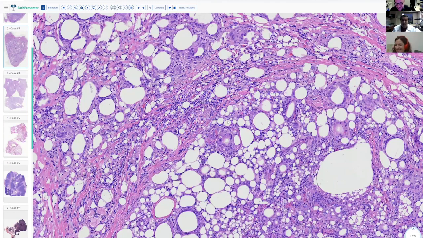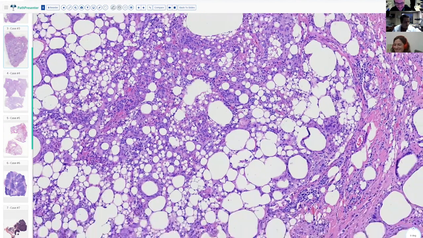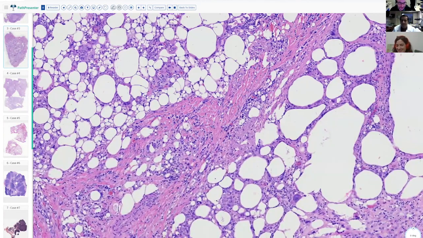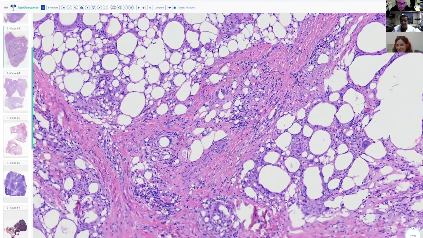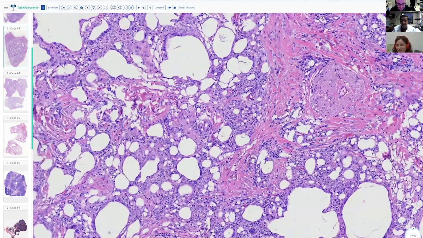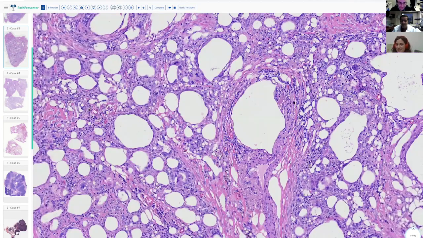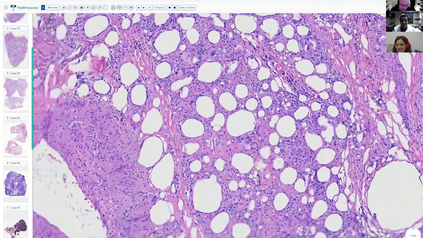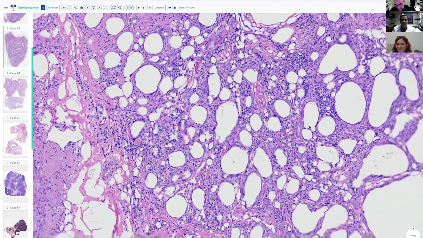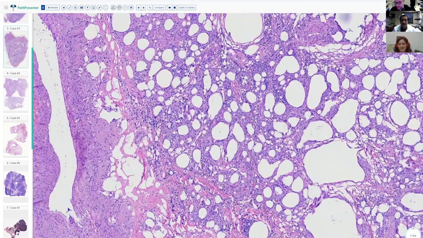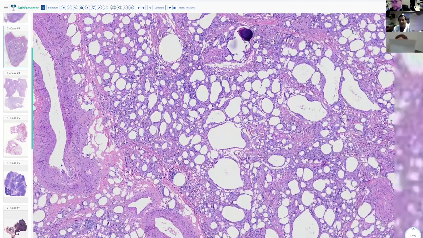So moving around at medium power here, we see all these cells like this, as well as in the interstitium. Do you guys have an answer? Do you want to see more of it?